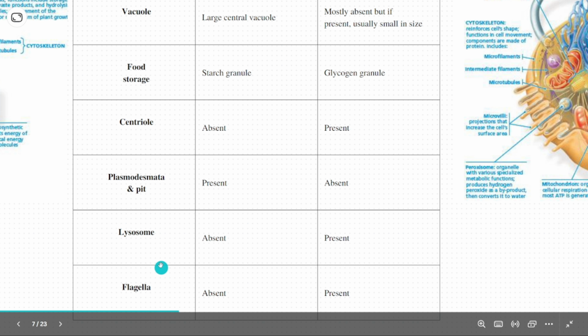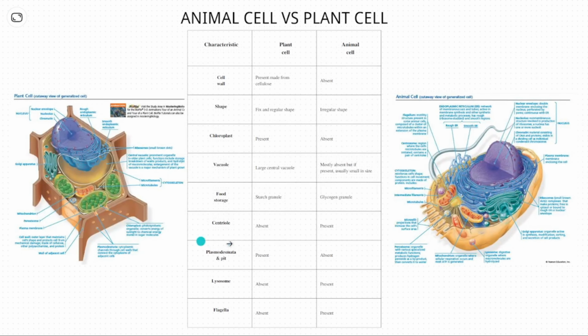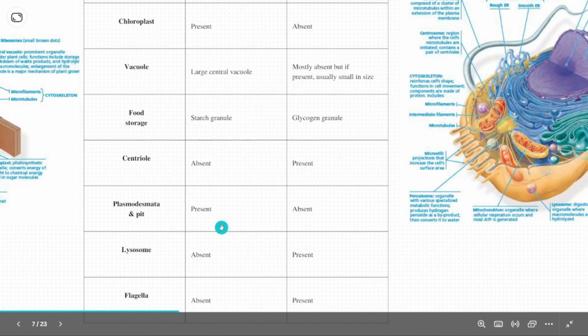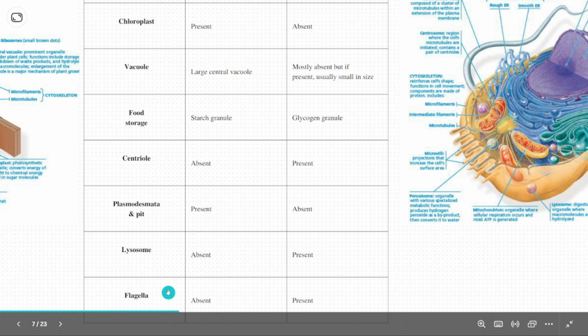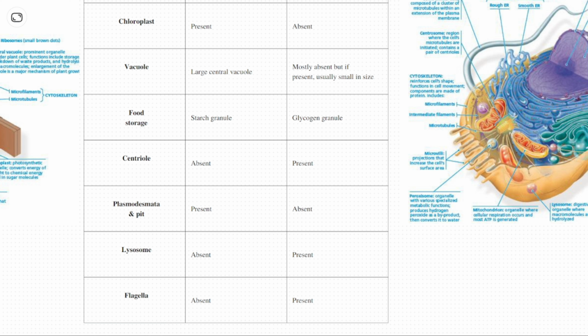Lysosome and also flagella. Another difference, lysosome is quite interesting: plant cells do not contain lysosomes and animal cells do. And flagella, as I mentioned when comparing prokaryotic and eukaryotic, I said that eukaryotes do not have flagella, but that is not necessarily true.